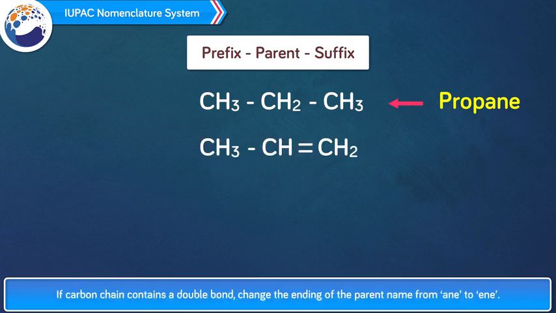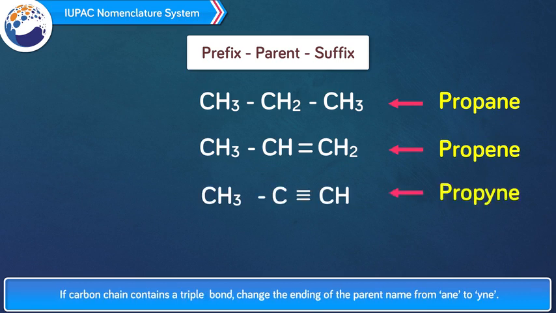If the carbon chain contains a double bond, change the ending of the parent name from ane to ene. If the carbon chain contains a triple bond, change the ending of the parent name from ane to yne. For example, if we replace the double bond by a triple bond and balance the hydrogen atoms, propene will be propyne.